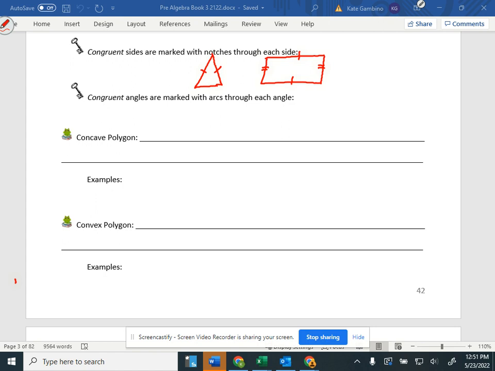Congruent angles are marked with arcs through each angle. So let's say this angle and this angle are congruent. I've seen it like that with a notch on the angle measure. If it's this angle and this angle, it would just show that those two are congruent. So it's the ones that are marked the same are the same measure.